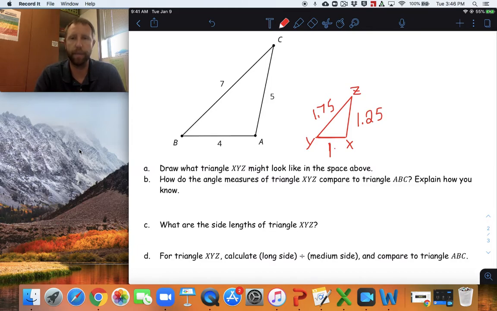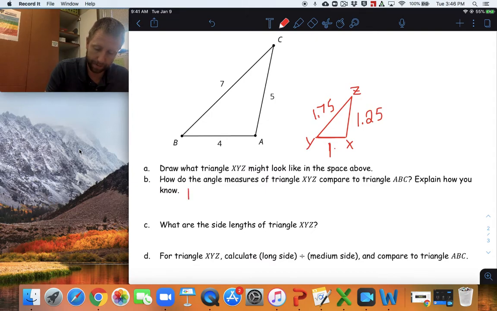However, remember, when we are dilating a shape, because that's what happened here, right? My scale factor was 1/4, so I multiplied everything by 1/4. So when I'm dilating a shape, that's one of those properties of similarity. The angles don't change.